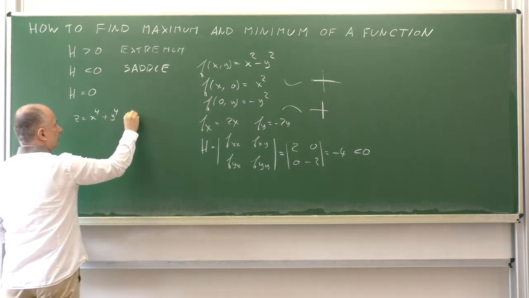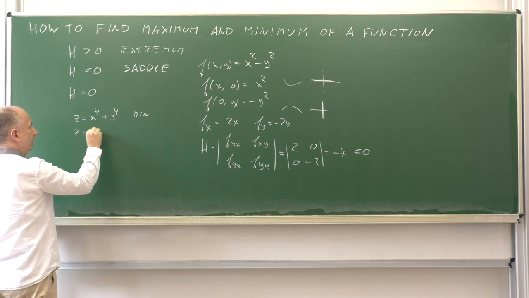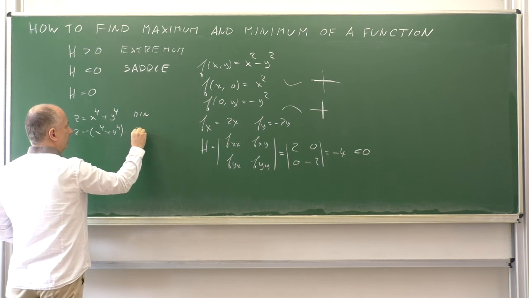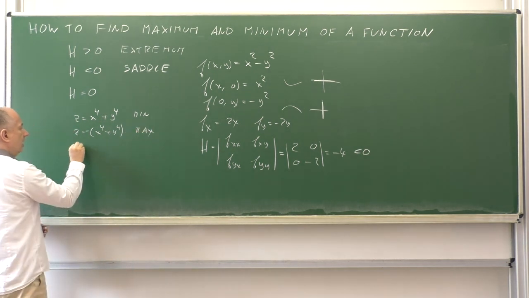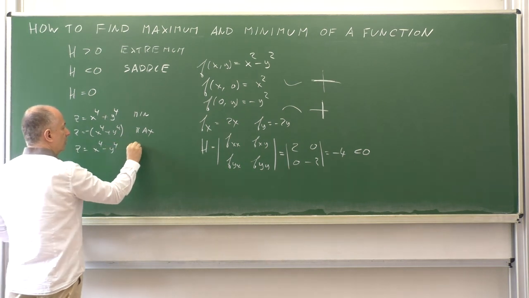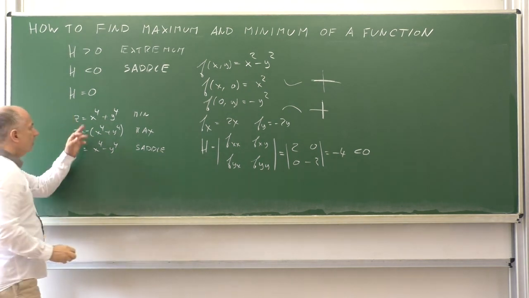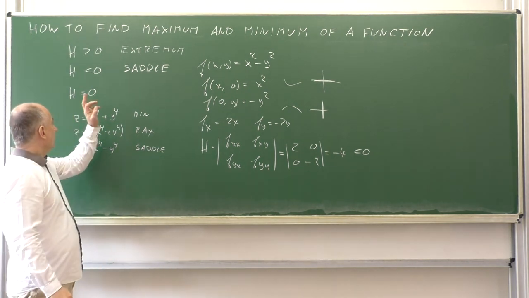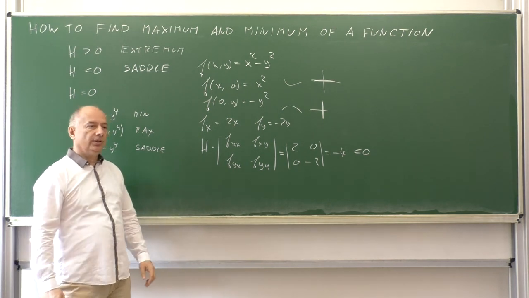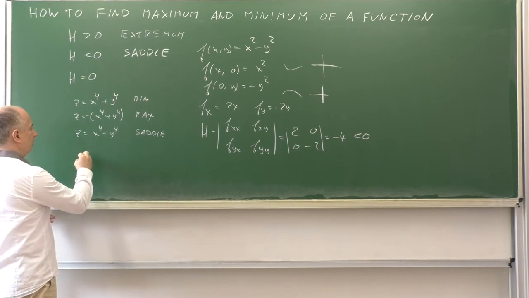If we have minus x to 4 minus y to 4, we have a nice maximum. If we have x to 4 minus y to 4, we have a saddle. In all these cases, we have 0 Hessian at the stationary point, which is the origin in this case. But there are other types of points.